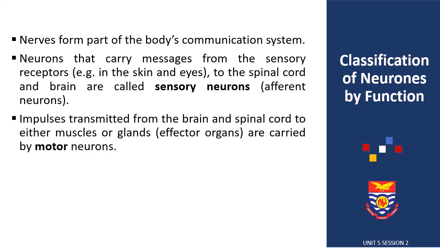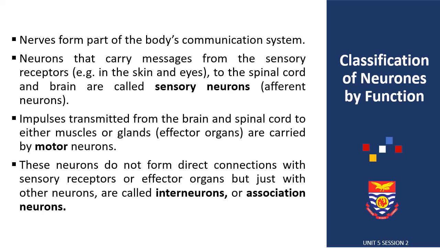We also have motor neurons, which transmit impulses from the central nervous system to either muscles or glands. The third are interneurons or association neurons, which do not form direct connections with sensory receptors or effector organs, but just with other neurons.